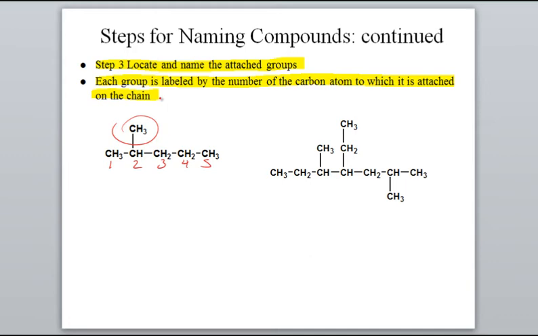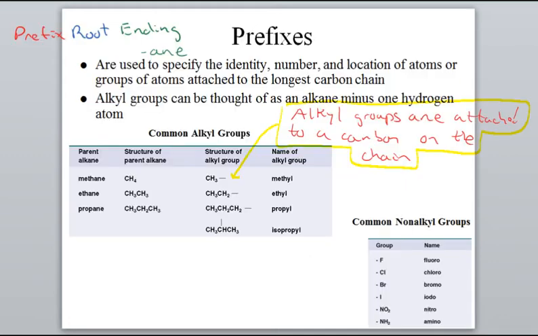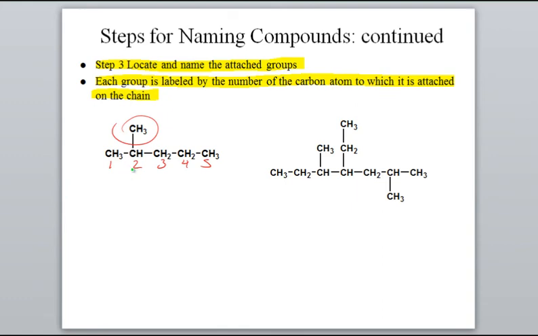If we went back to our prefix table, it's the methyl group. So this prefix name is going to have methyl. And it's on carbon number 2 on the chain. So the name of that group would be 2-methyl. If you want to put a dash, you can. I don't care if you do, but 2-methyl. This is the prefix.